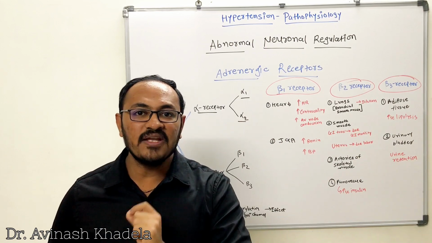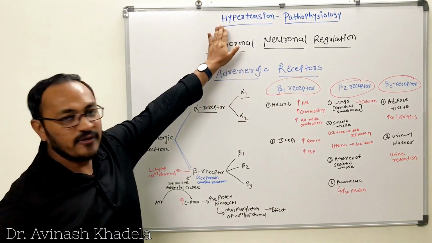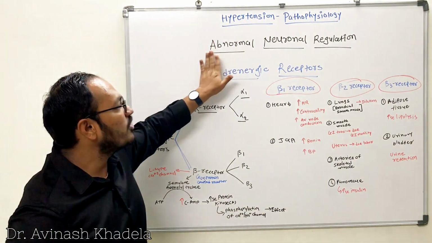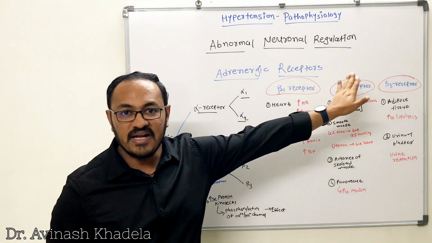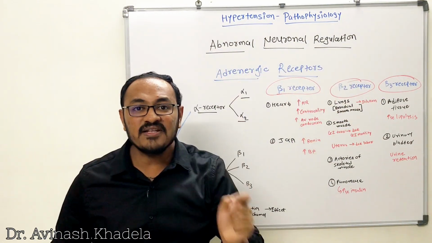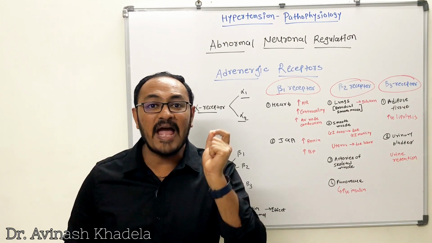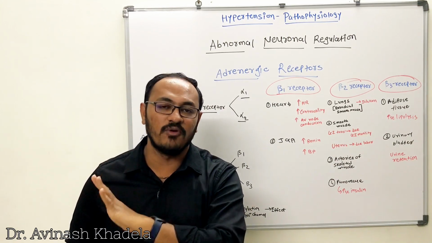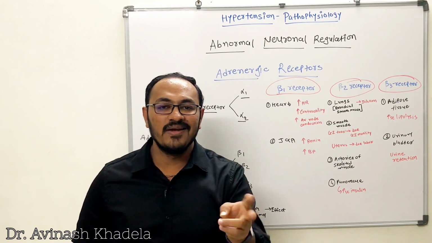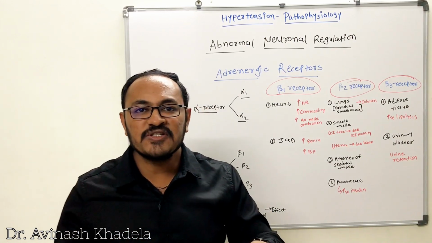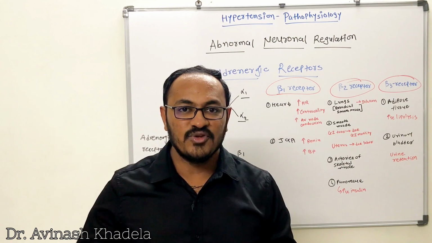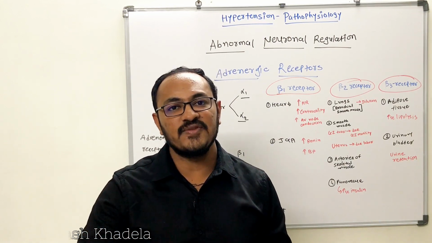Now let us come to the pathophysiology of hypertension, where this abnormal neuronal regulation we are discussing, where this adrenergic receptor when become abnormal, or there is an abnormal secretion of adrenergic hormone, these two condition will disturb the homeostasis of blood pressure maintenance. So this we had discussed in this video.